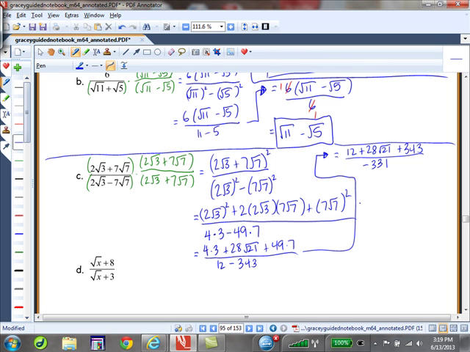We'll bring the negative out front. 12 plus 343 is going to give us, let's see, 355 plus 28 times the square root of 21 over 331.